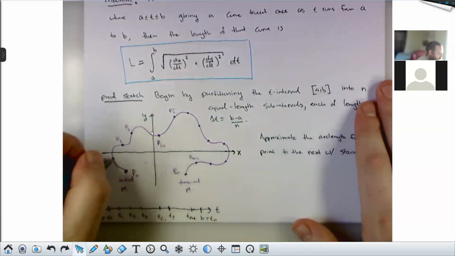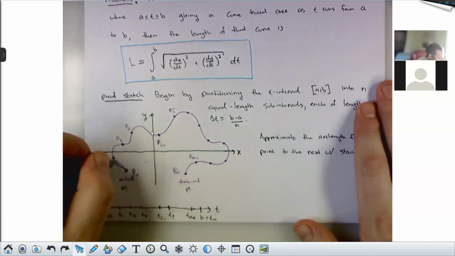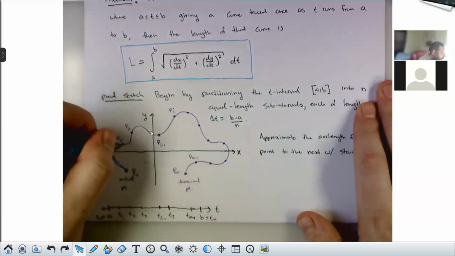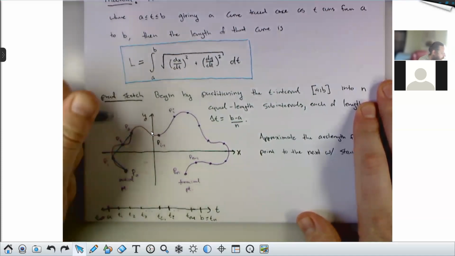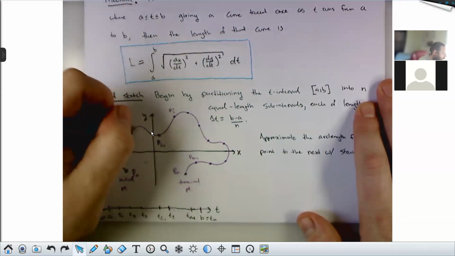So I draw a straight line from P0 to P1. I draw a straight line from P1 to P2. I draw a straight line from P2 to P3. And we keep doing that.